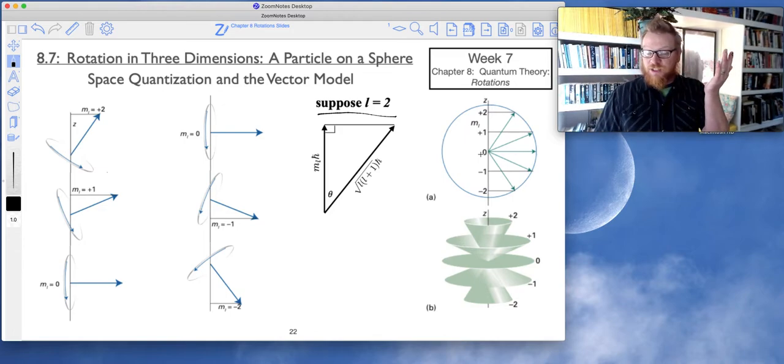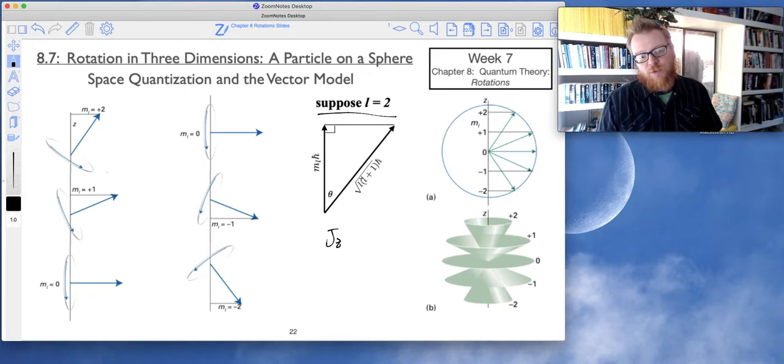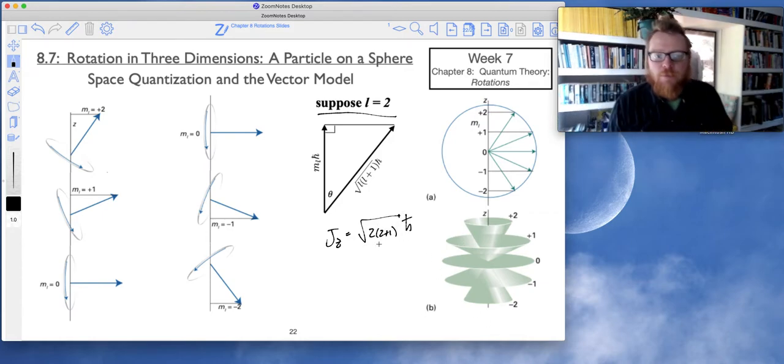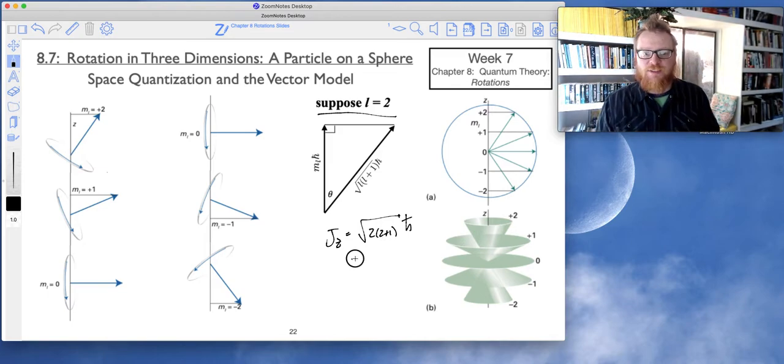Are all of those states degenerate? Well, let's think about it. If L is equal to 2, then we know that the angular momentum is given by the square root of 2 times 2 plus 1 times h bar. 2 plus 1 is 3, times 2 is 6.